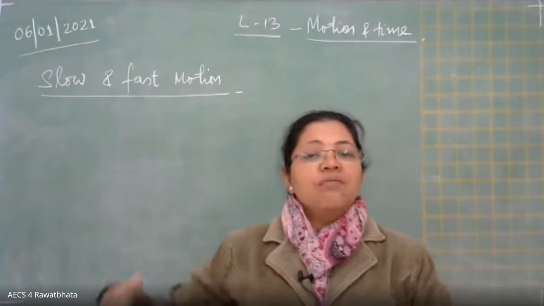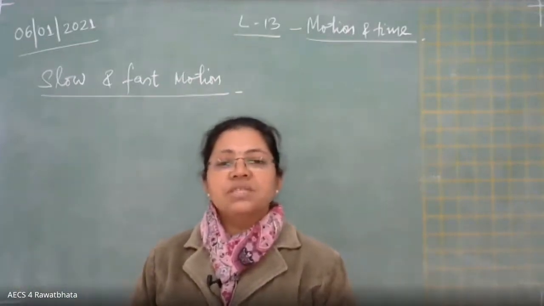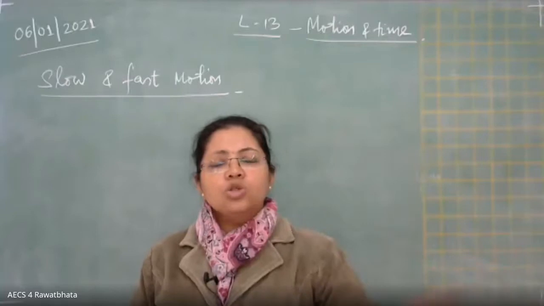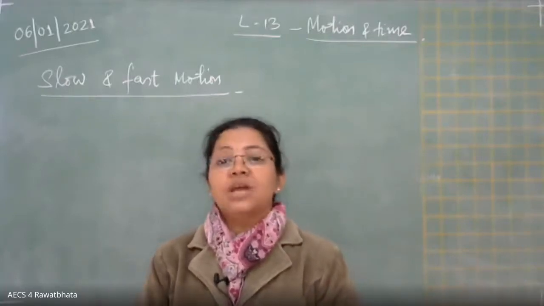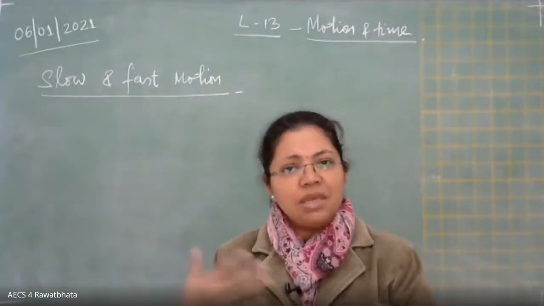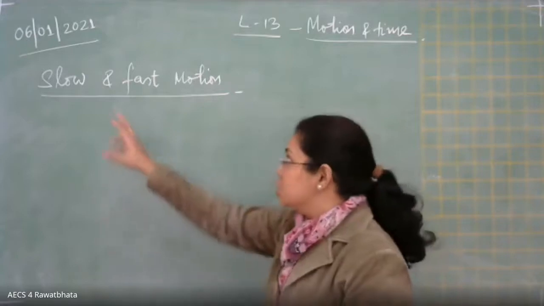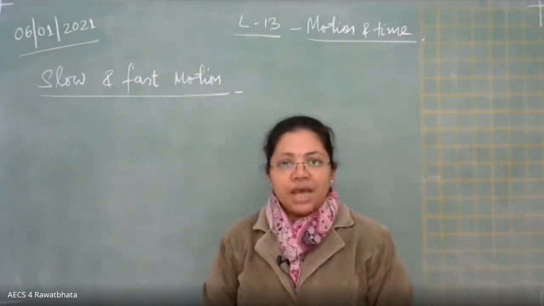And sometimes when we look at another vehicle, we say, oh, how slowly he or she is driving, she must be learning to drive, he must be learning to drive, how slowly they are driving the vehicle. Like that we keep on using the terms slow and fast in our day-to-day life, right?